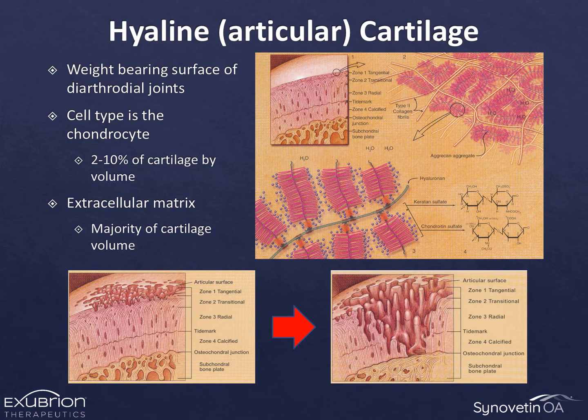The first, in the upper left-hand corner, illustrates a cross-section of normal articular cartilage, illustrating the 4 zones that comprise cartilage. Then when we move to the right, we can see the interaction of collagen fibrils, proteoglycans, and water in normal cartilage, which provides normal articular cartilage with its resilience.